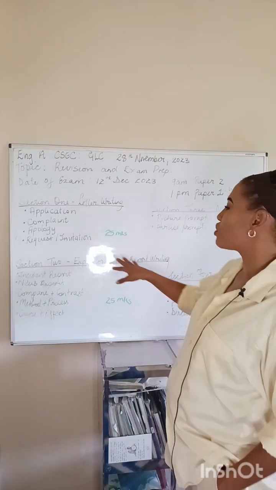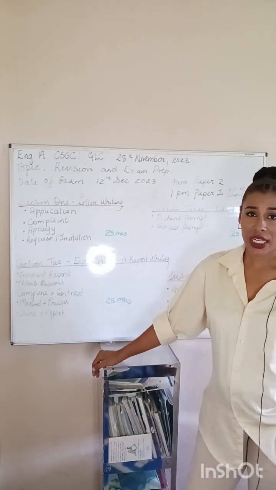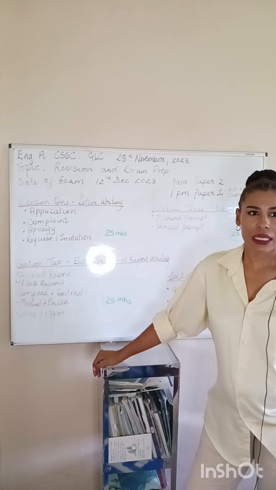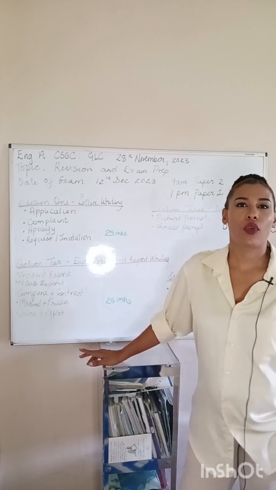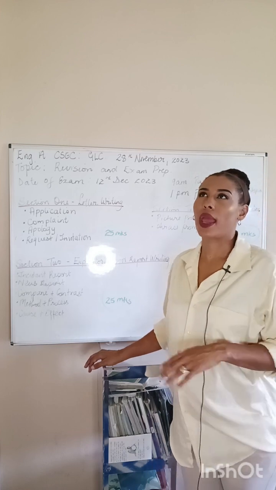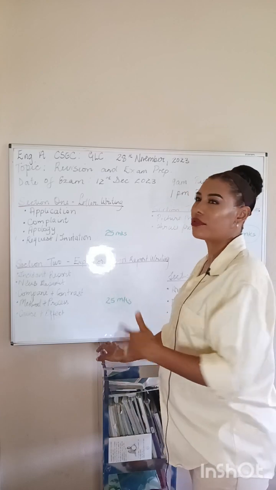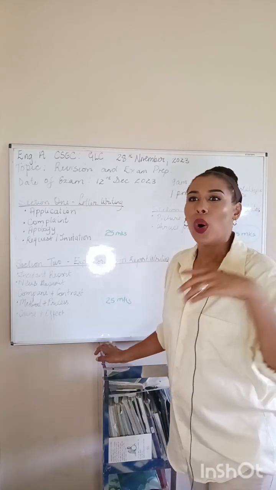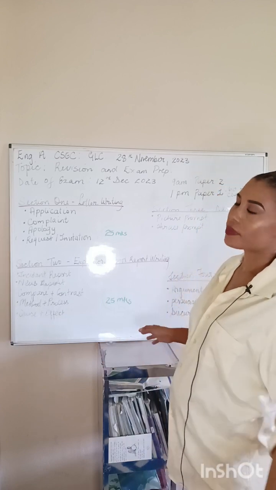But the range is really, because CSEC section 2 is very diverse, it can be any form of writing that they ask you to do. I also want to incorporate that range where you don't get too concerned with one type of writing to the point where you omit revision of the other types of writing.